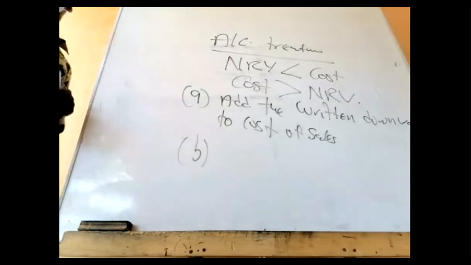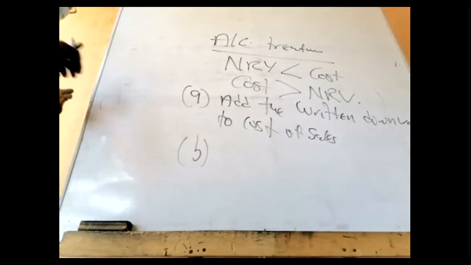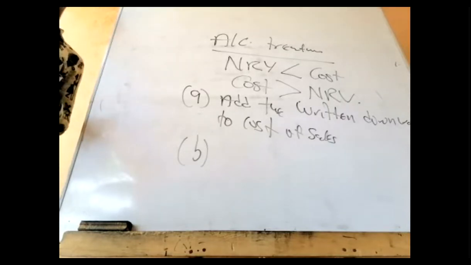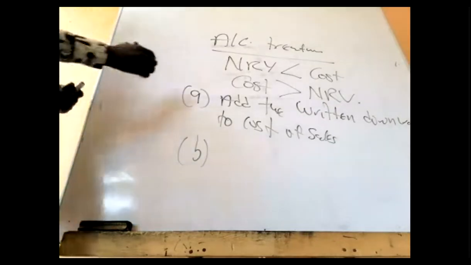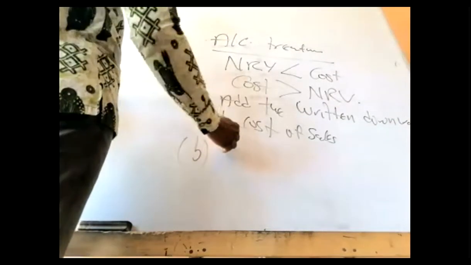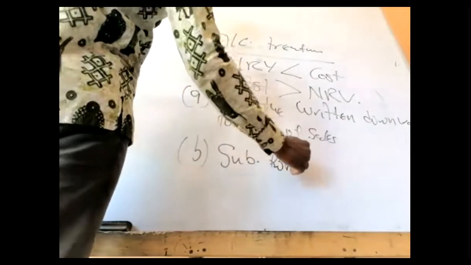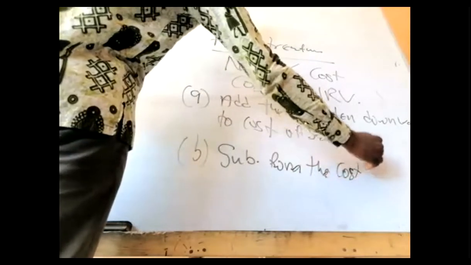So this 900, that particular year, they will add it to cost of sales. That is if they have already calculated the cost of sales. You look for a situation whereby you have to calculate the cost of sales yourself. I'm going to look at that one too. B, subtract it from the cost of the inventory.